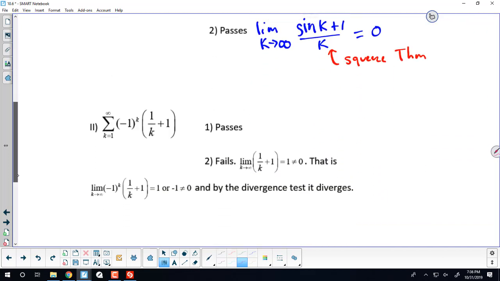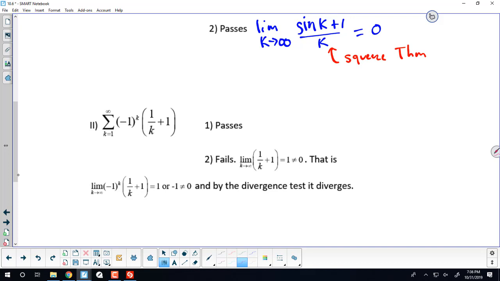Okay. Second example, it is non-increasing. Condition 1 is met, but it fails in the sense that the limit of 1 over k plus 1, this is our a sub k, is equal to 1, not 0. So based on these two conditions, the alternating series test is inconclusive.